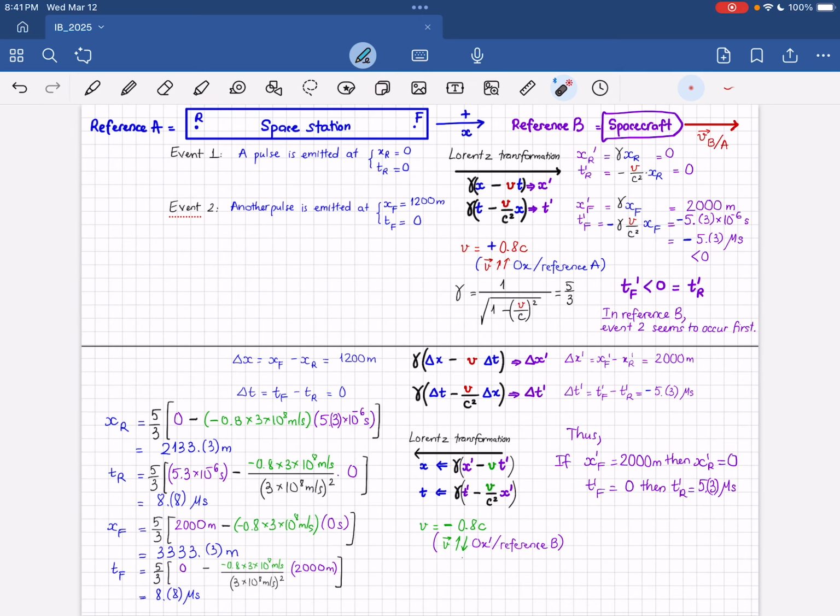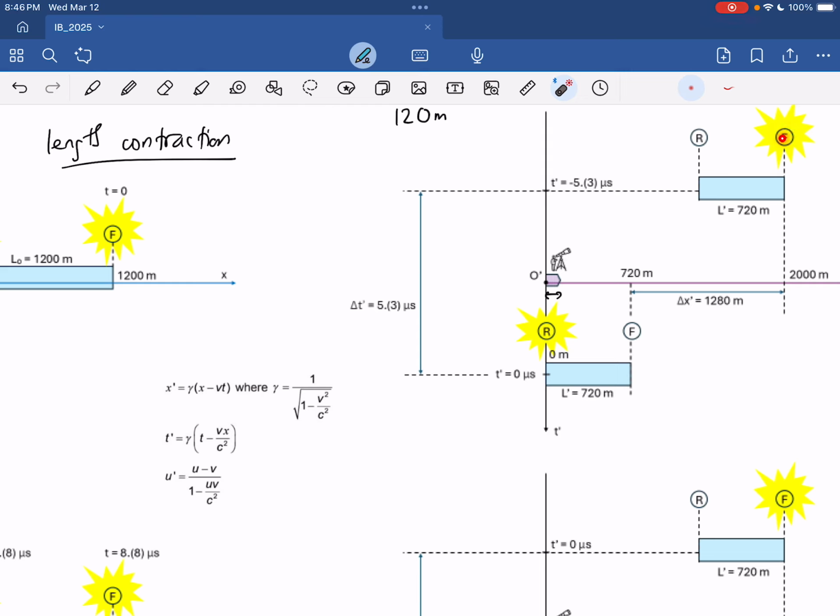First, they will see the pulse emitted from the F position at 2,000 meters away from the spaceship, okay? And it will happen at some time before the time when it sees the pulse at the R position, by this much amount of time. So if this one is 0, this one is just like minus 5.5 microseconds.